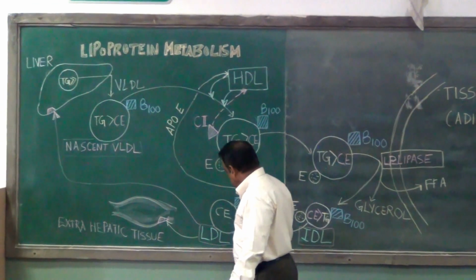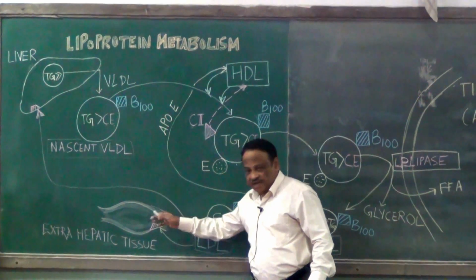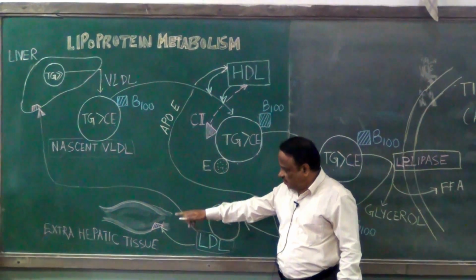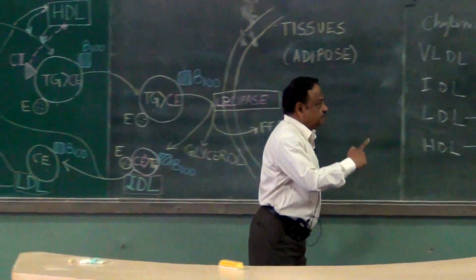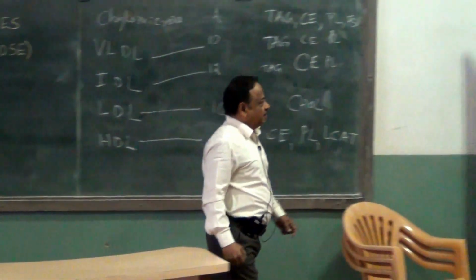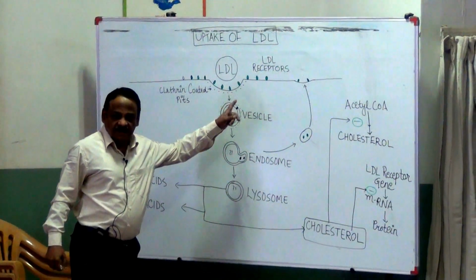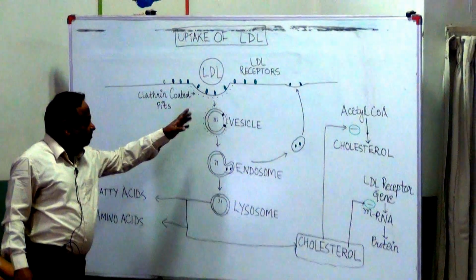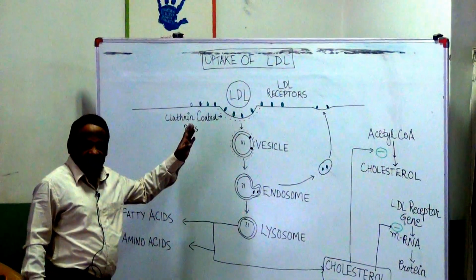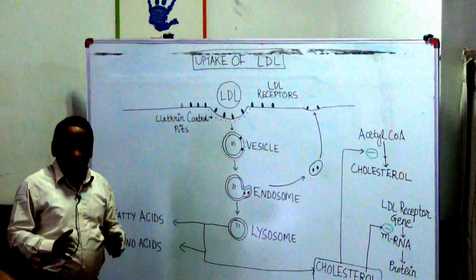So you can see that now this LDL will be taken up by various receptors into the extrahepatic tissues. For that you have to look here. This is the uptake of LDL, right? Now it is taken up by LDL receptors. The LDL has specific receptors known as LDL receptors.